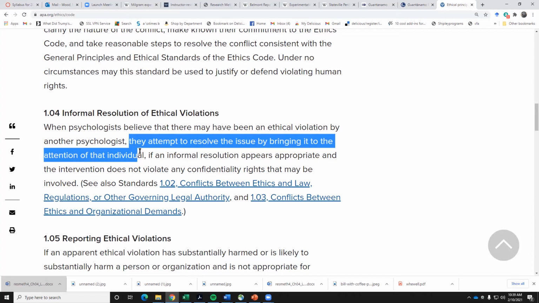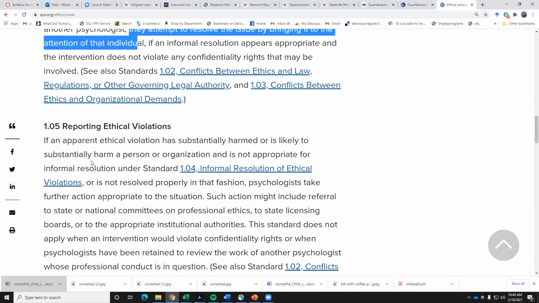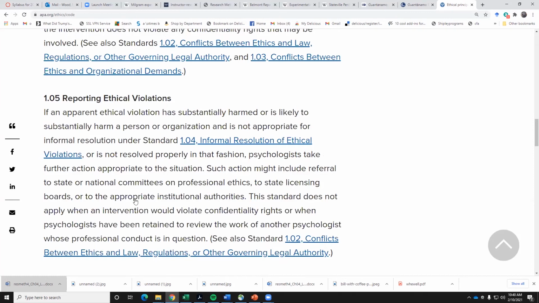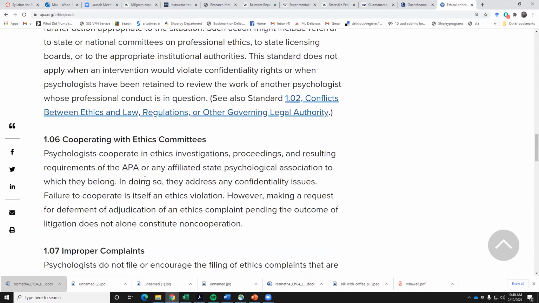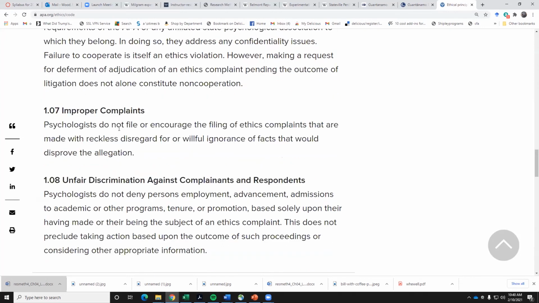But if there is an ethical problem that is not of such a high gravity, you should first tell the person, this is an issue. And it's important to report these ethical violations and cooperate with ethics complaints and not file complaints inappropriately.